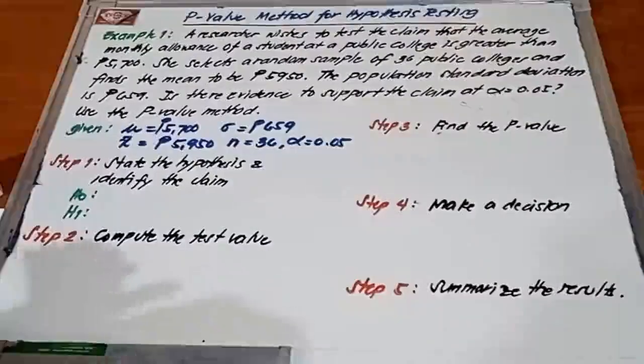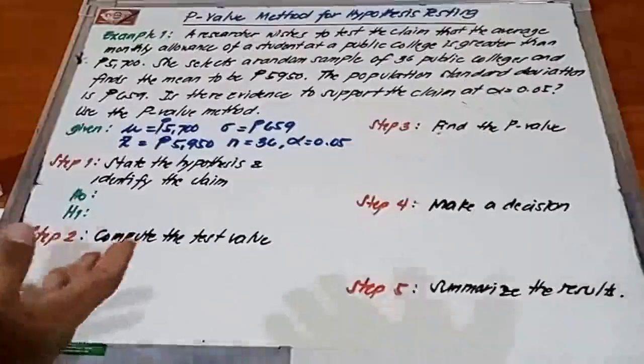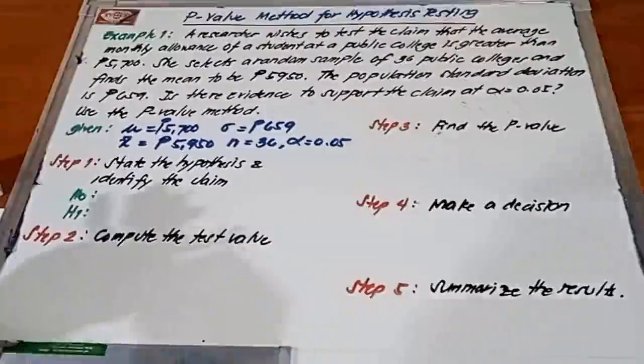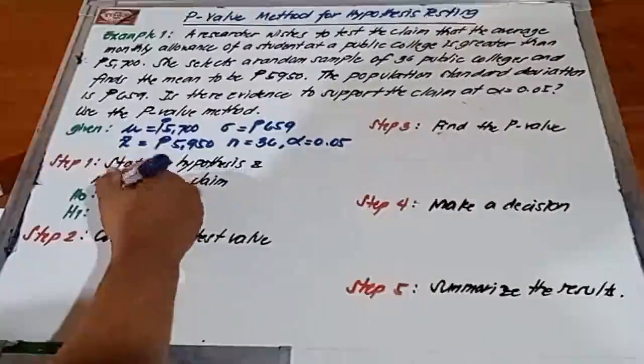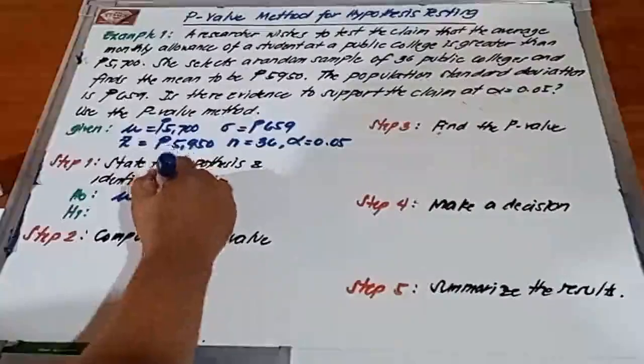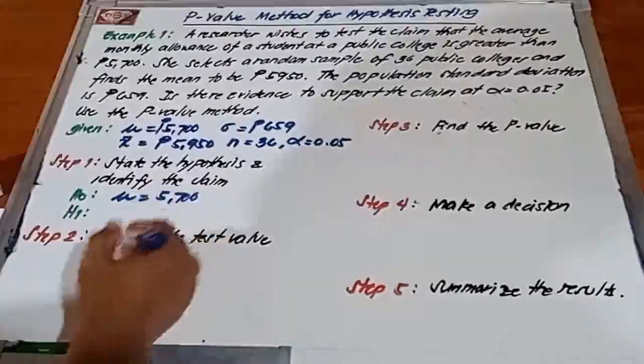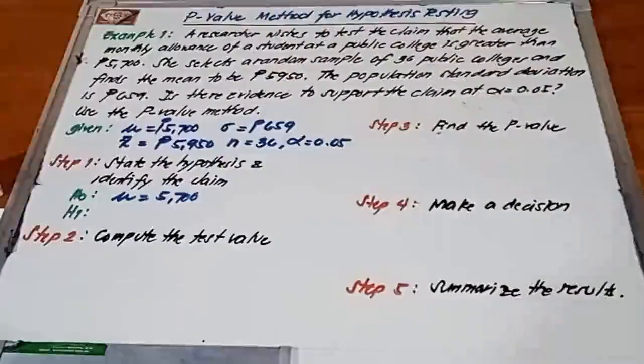Of course, ang ating null hypothesis is the sample mean do not differ from the population. So therefore, ang ating null is no difference. So we have the population mean equal to 5,700. While yung ating researcher, the alternative hypothesis, we have here the word greater than.